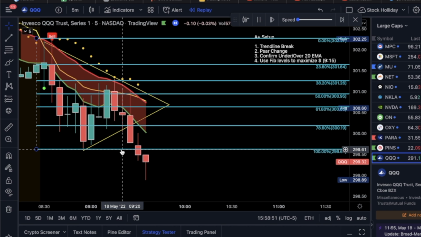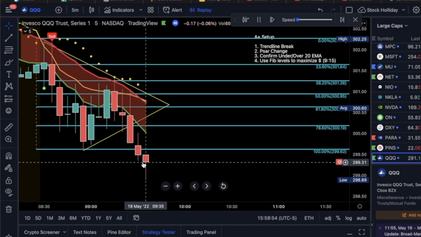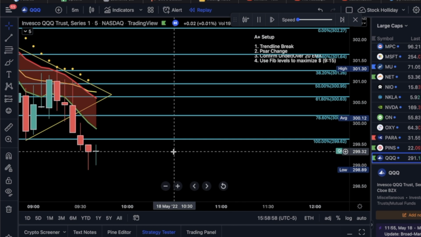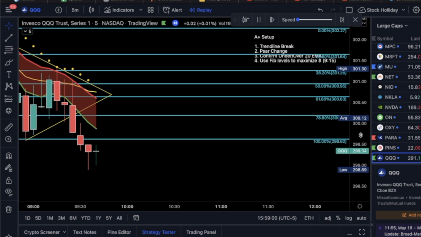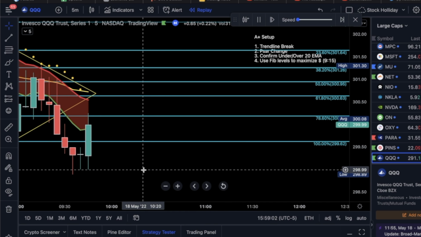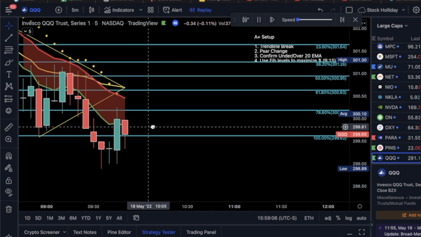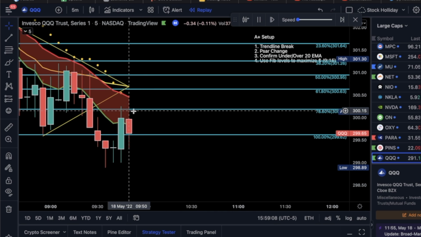It hit this down here. It's actually underneath, and so I'm looking for an entry at this point. It is now below that Fibonacci level here. So that is a very annoying snap up, but I'm not concerned because it's actually honoring this fib level right here, okay?